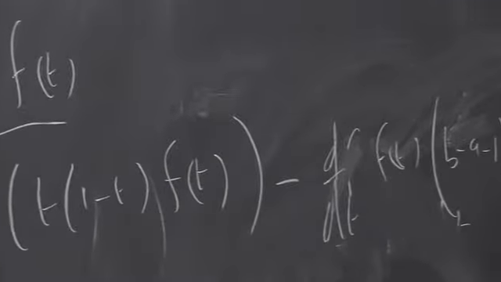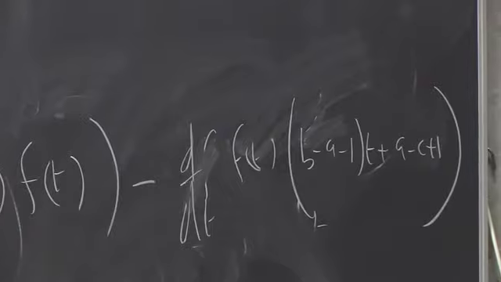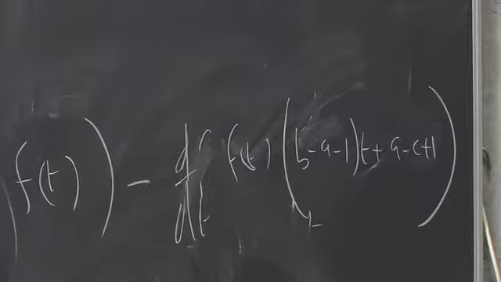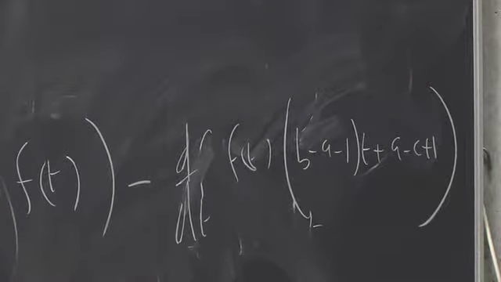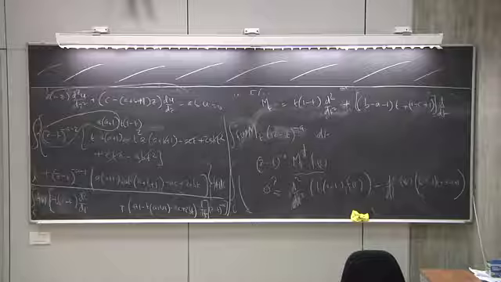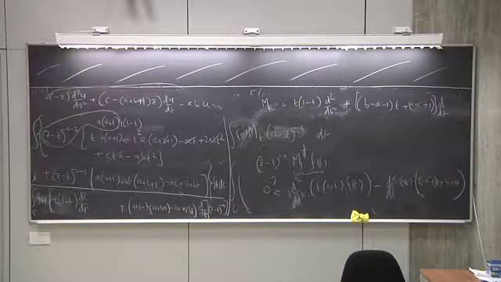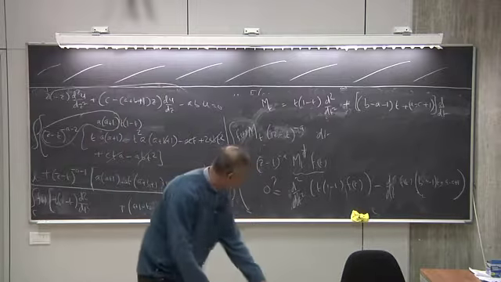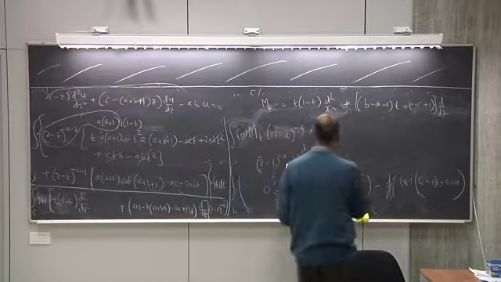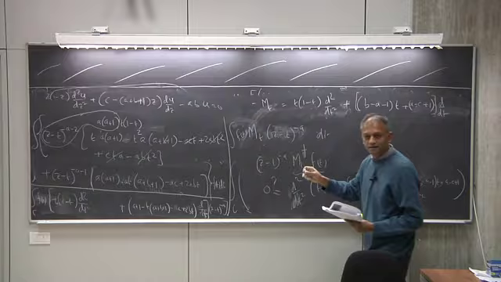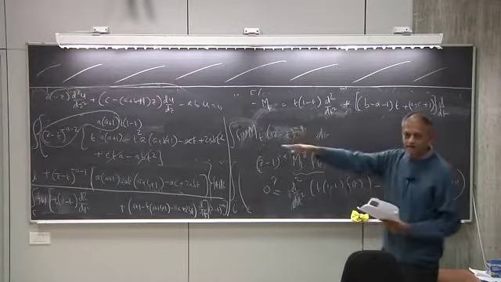Here I have a minus in front, so let me put here minus f of t. I've taken out one minus sign overall.